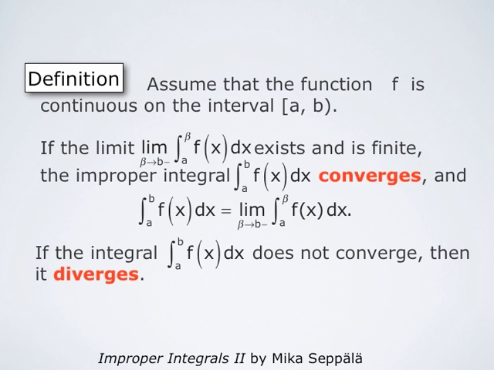Now, if the limit as beta goes towards b through numbers less than b of integrals from a to beta of f(x) dx exists and is finite, we say that the improper integral from a to b of f(x) dx converges and that its value is this limit. If the integral from a to b of f(x) dx does not converge, then we say that it diverges.